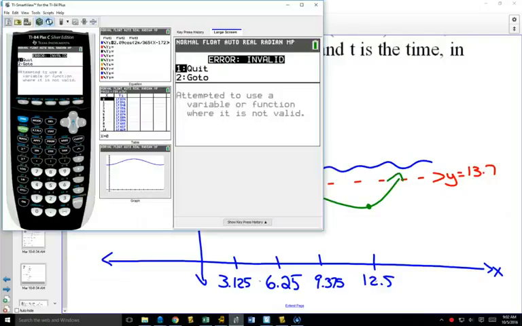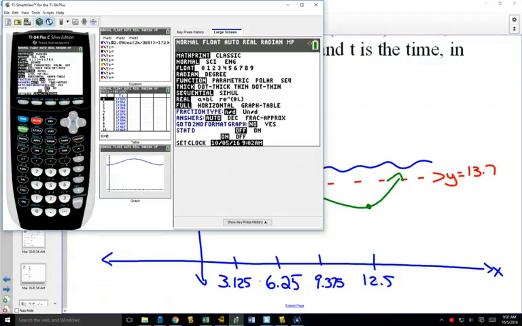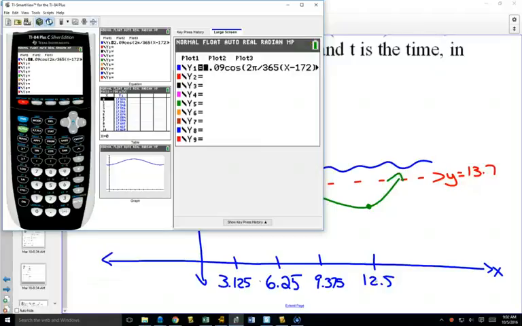So we can start by hitting our mode button and checking, and my calculator is already in radians, so that's good. The next thing we can do is go to y equals and type in this equation.